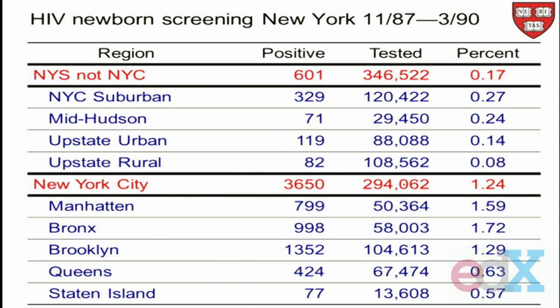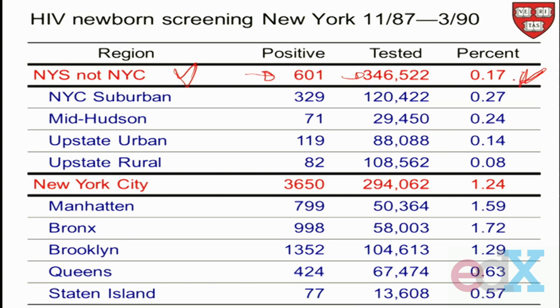They broke this up into two regions. The top one is New York State, not New York City, and there were 601 babies who tested positive of the 346,522 births. So the proportion testing positive is 0.17%.